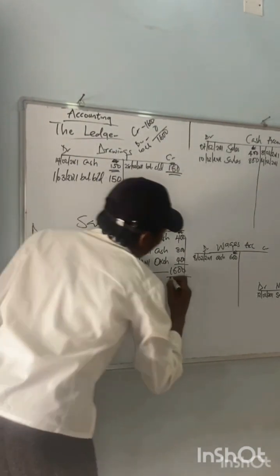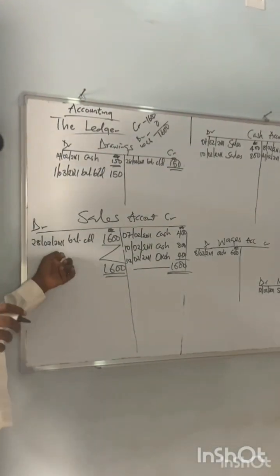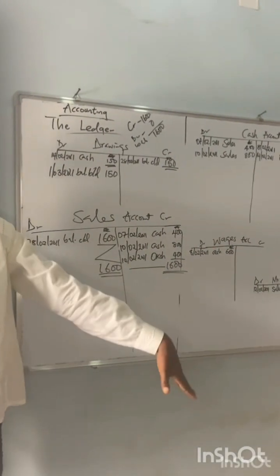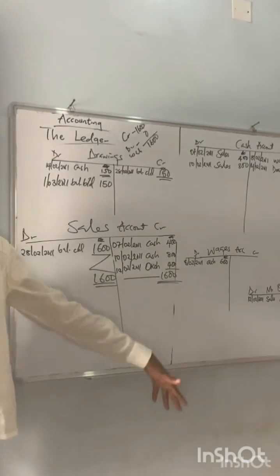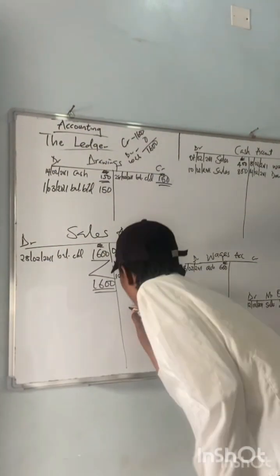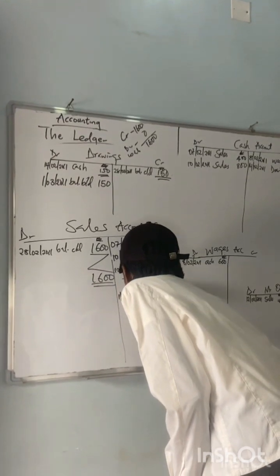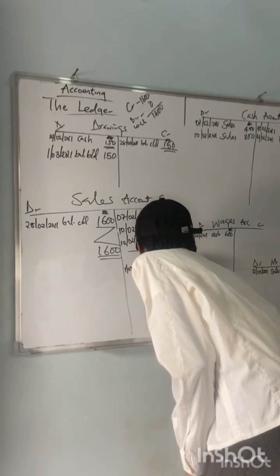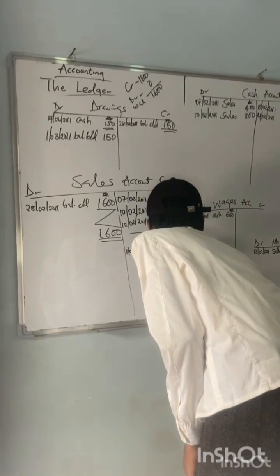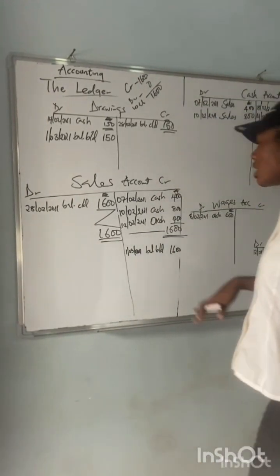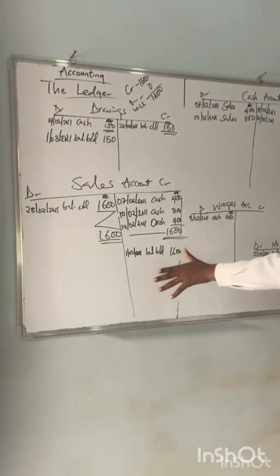Now we are through with balancing this. Since our balance carried down was here, our brought down is on the opposite side. So on the first day of the next month, on the 1st of March 2011, our balance brought down is 1,600. So we are through balancing this account.